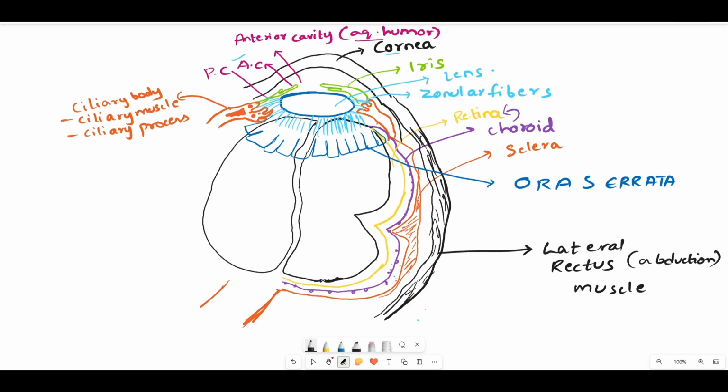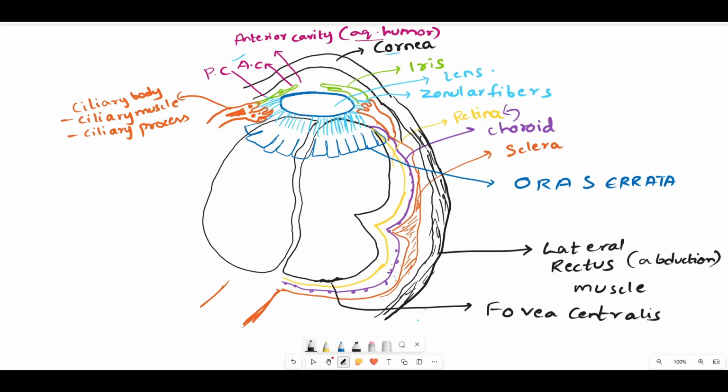In this eyeball, at this position, we can see one depressed portion. We will be calling it the fovea centralis. So what does the fovea centralis do? It is a region of the highest visual acuity containing only cones.